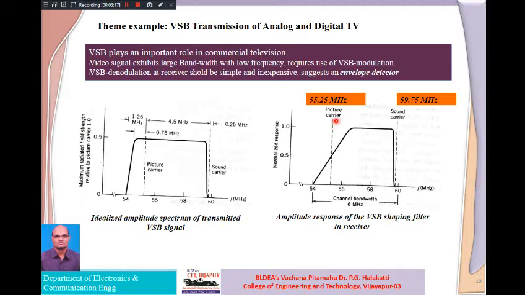It will be carrying two dotted lines in this graph. The channel bandwidth required is from 54 to 60 megahertz, that is a 6 megahertz channel bandwidth, where the picture carrier is located at around 55.25 megahertz, and the sound or audio carrier is located at around 59.75 megahertz.